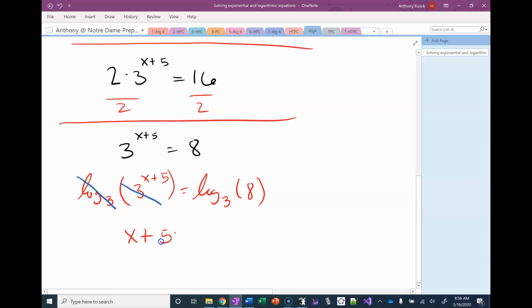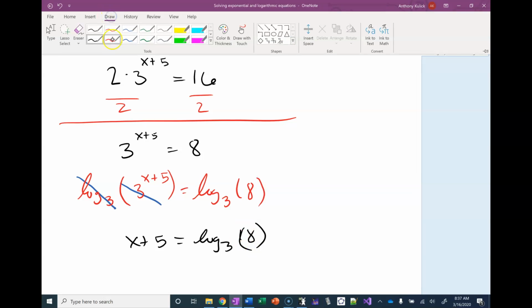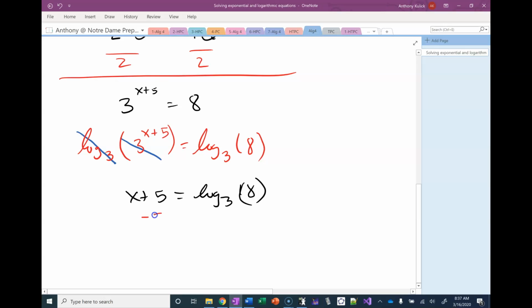So I'm left with x plus 5 is equal to log base 3 of 8. And then my last step here, oops, I've been writing those in black, would be to get rid of the plus 5.